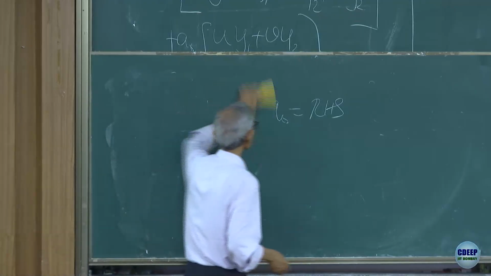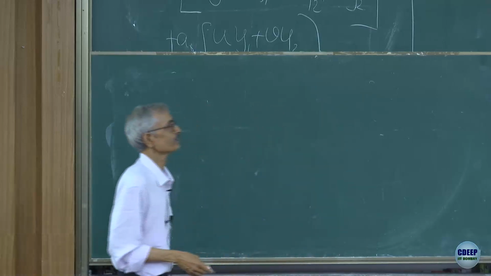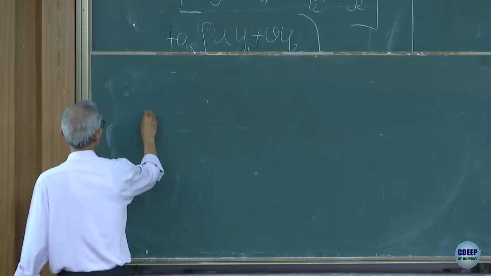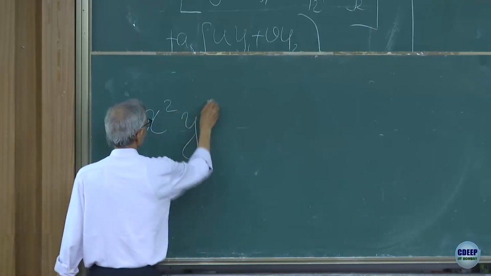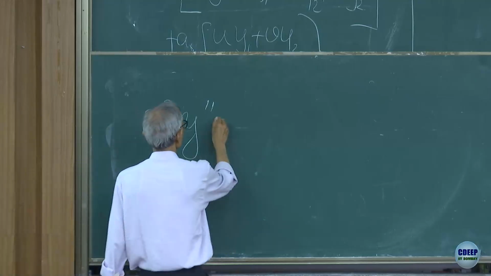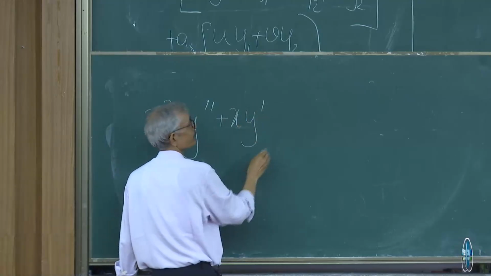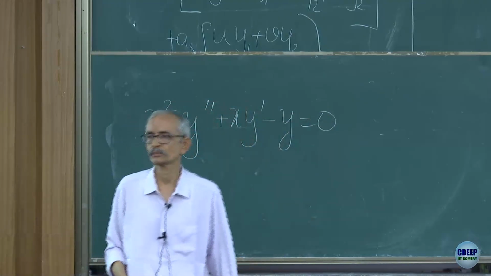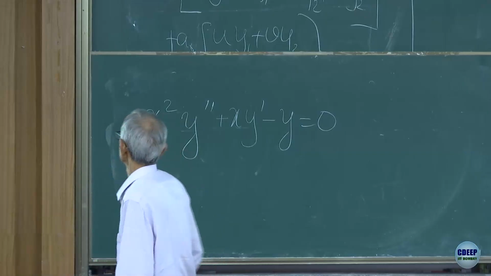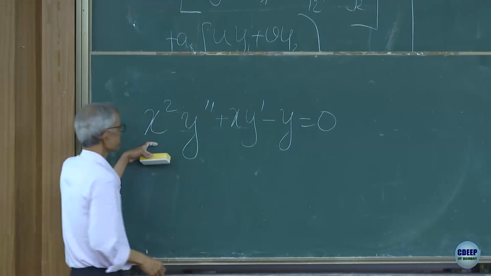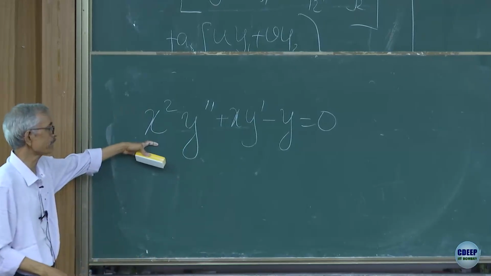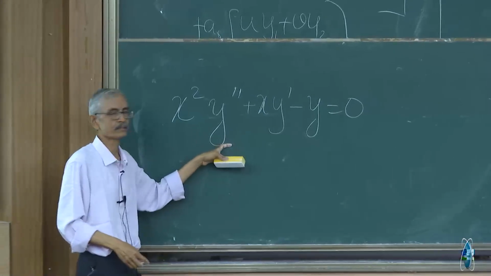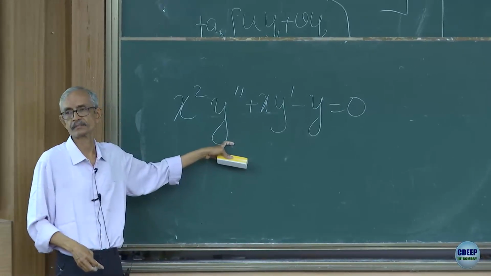So first what we do is we take a very special case, which is the so-called Euler-Cauchy equation. Okay. And this guy is x square y double prime plus x y prime. This is the standard form of the Euler-Cauchy equation. So remember now that there is somebody who is depending on the independent variable, which is multiplying the dependent variable or its derivative.